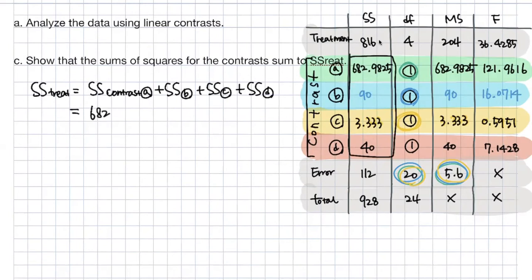If we add them up, we have 0.03155 difference, but we could say the sum of square treatment is almost the same as the sum of square contrast A, B, C, and D. I'm gonna show you how to do this one with SPSS.